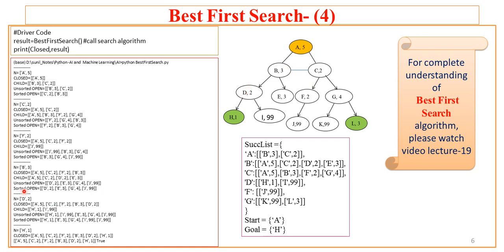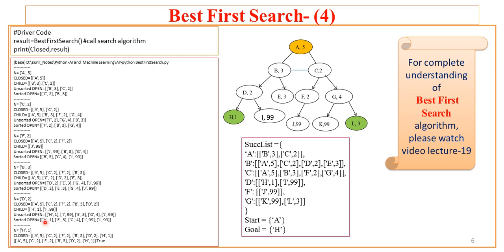Now again, as usual, MoveGen will be called for D, and it returns the child nodes of D, that is H and I, and whatever is in the open and closed is removed from the child. I think there is nothing to be removed from the child. So those two nodes are added to the existing open, and this is sorted again.